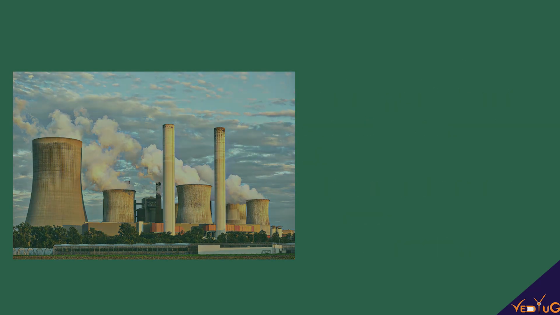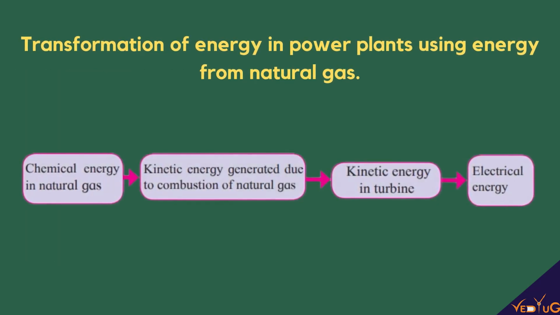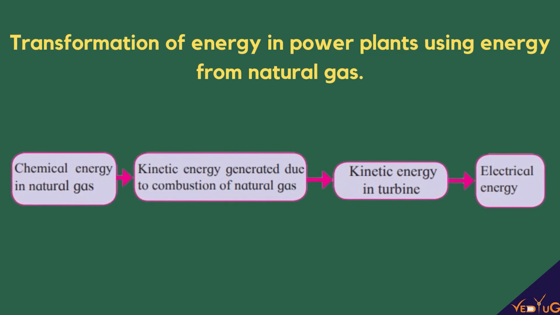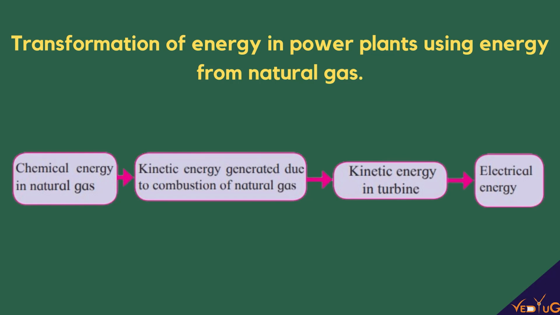The power plant burns compressed air and natural gas to produce high temperature gas, which runs the turbines and generates electricity. This flow chart tells you how the transformation of energy in power plants using energy from natural gas takes place. First we have chemical energy in natural gas, then it gets converted into kinetic energy generated due to combustion of natural gas. Then it is sent to turbines, which produce kinetic energy in turbines, and at the output we get electrical energy.